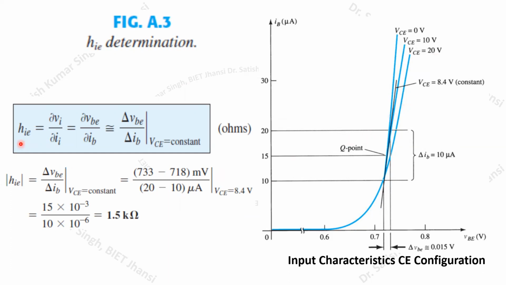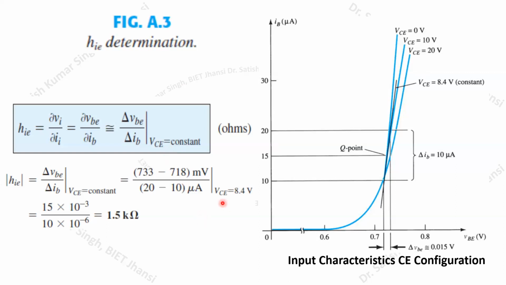Here you can see this HIE is calculated as delta VBE divided by delta IB. So it is the change in the base to emitter voltage if we change the base current. For a small change in the base current, how much change in the base to emitter voltage will be obtained while keeping the collector to emitter voltage constant. Here you can see again how it can be graphically calculated.